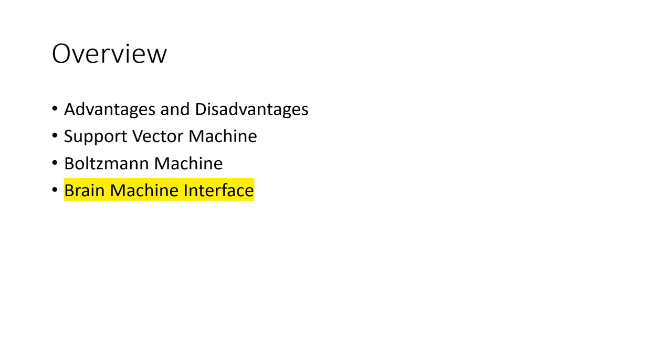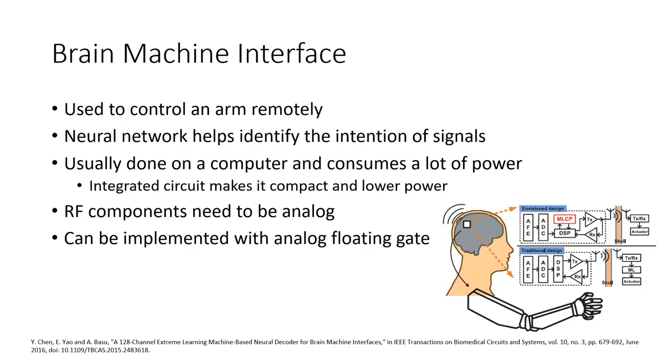And the last topic is the brain-machine interface. So this one's actually, in my opinion, the coolest. It'll allow people that had limbs taken off or lost them from accidents to be able to control them with their mind, which is crazy. The neural network helps identify what certain signals from the brain mean.